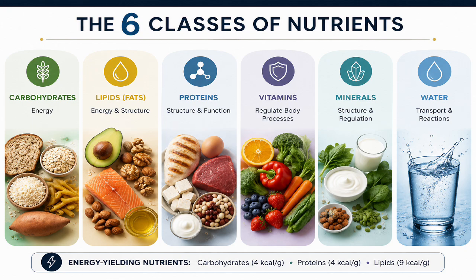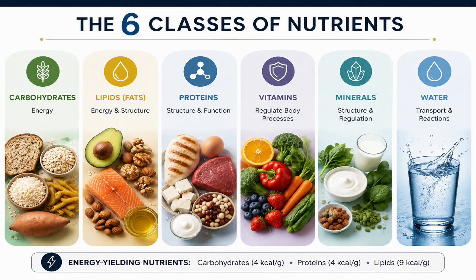So we can also classify the nutrients chemically. So carbohydrates, lipids, proteins, and vitamins are organic compounds because they contain carbon. Minerals and water are inorganic. You'll also hear the term essential nutrient. And an essential nutrient is one that we must obtain from the diet because the body can't make enough of it to meet its needs.